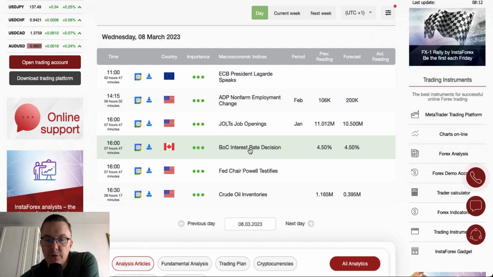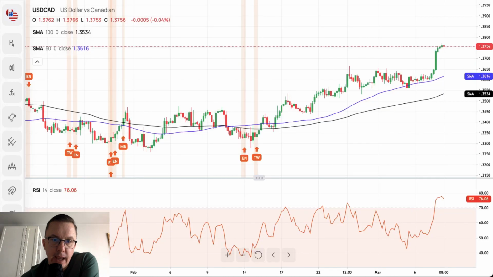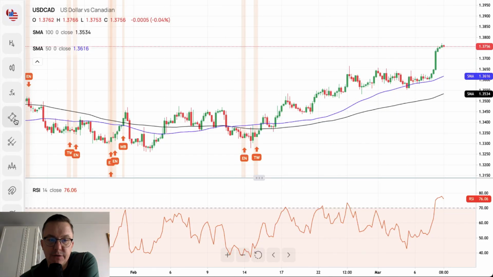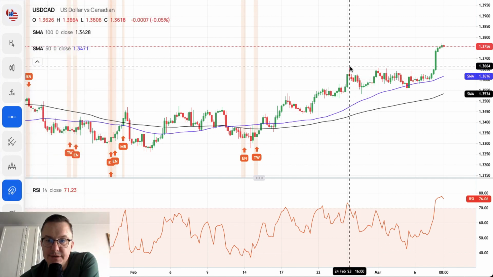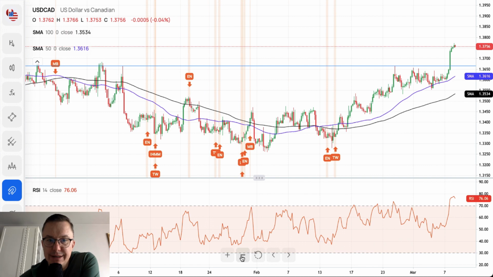And now we are going to take a look at the US dollar to the Canadian dollar first. Our chart of the US dollar to the Canadian dollar is showing us a breakout to the upside. This horizontal line was a technical resistance here at 1.3664, we talked about it not that long ago, apparently yesterday.